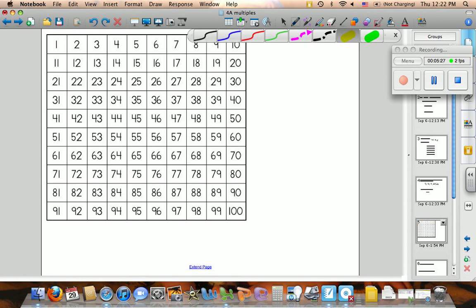If I wanted to see the multiples of 2, let's see if we can see any patterns if I highlight the multiples of 2 here. See if you notice anything special.